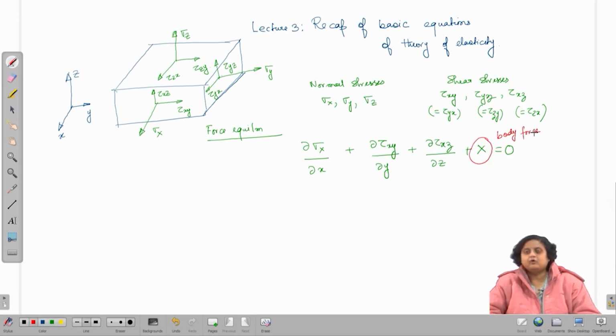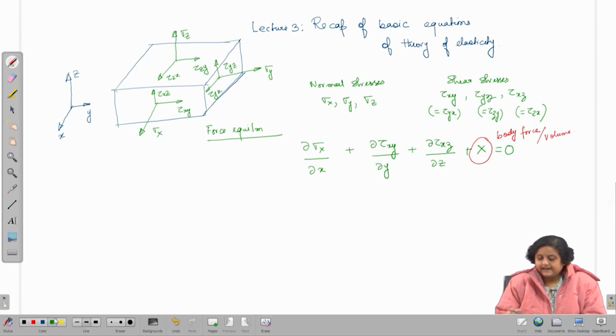So, this body force could be the weight of the body, the gravitational force, it could be the inertial force, the centrifugal force that acts on a body.